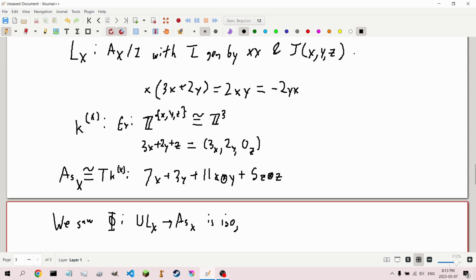And we also saw that there's a map phi from L of x to the associative algebra of x, which is isomorphic onto the subalgebra of the associative algebra of x generated by x.